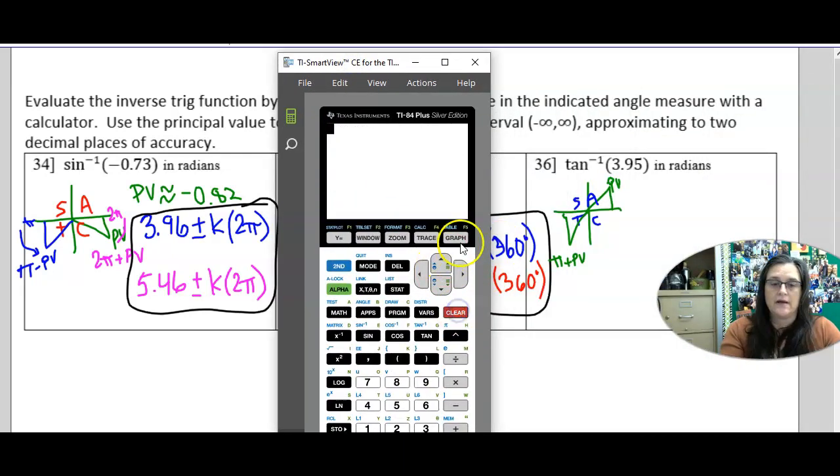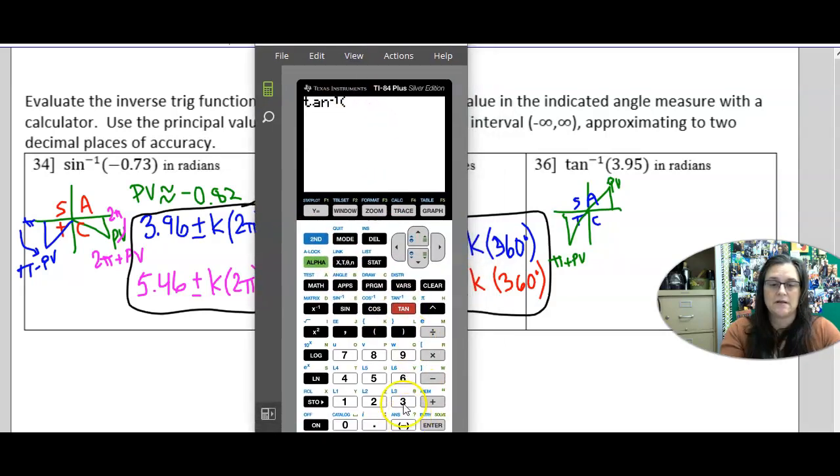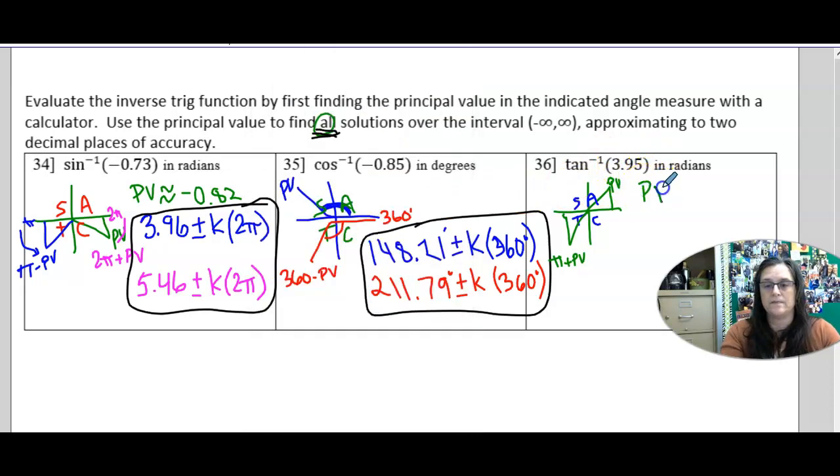Okay, when we look at our calculator, we're going to start by changing our mode to radians and then evaluating the arctangent of 3.95 to get 1.32. That's our principal value.